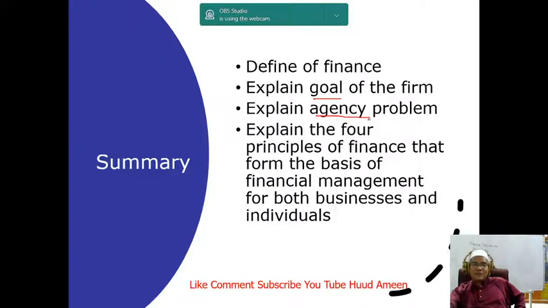Explain the four principles of finance that form the basis of financial management.